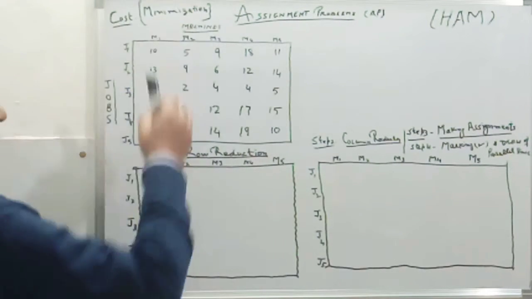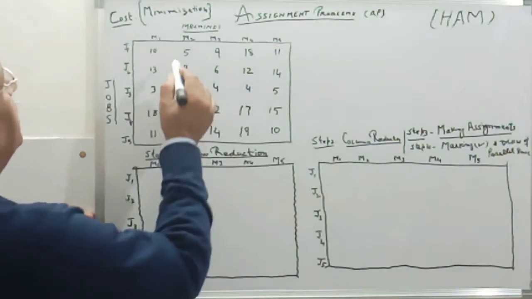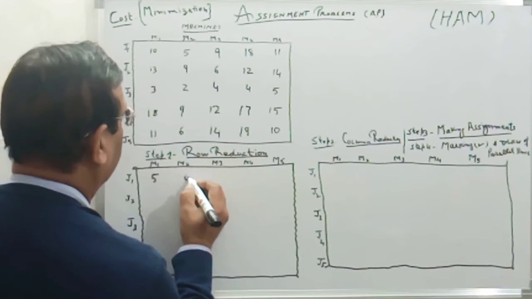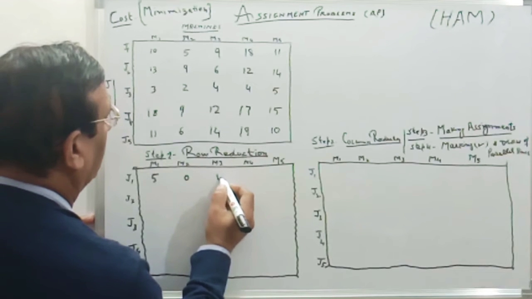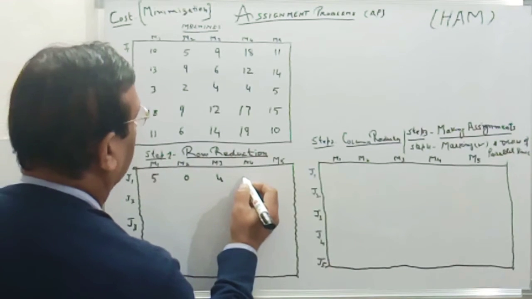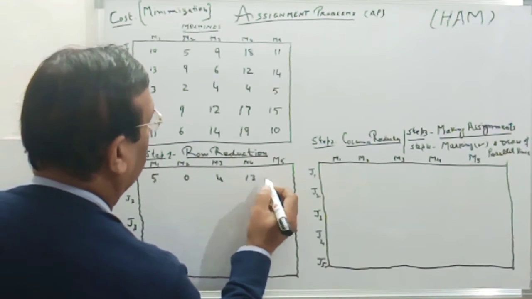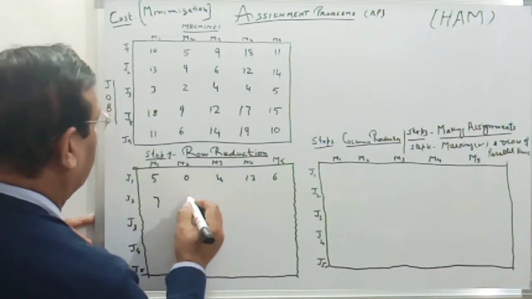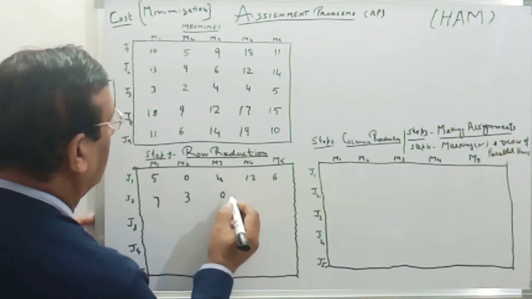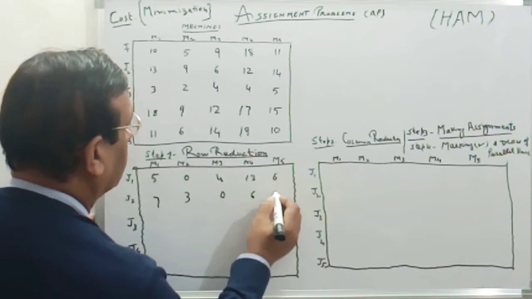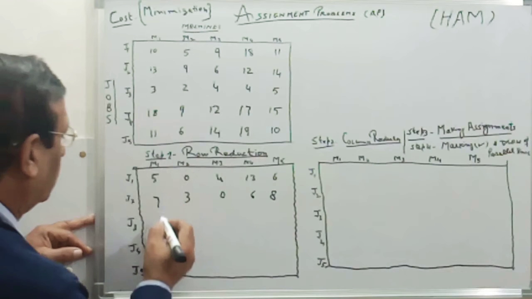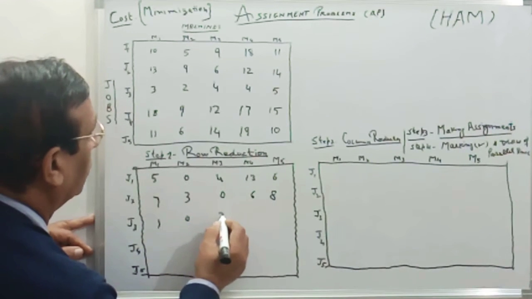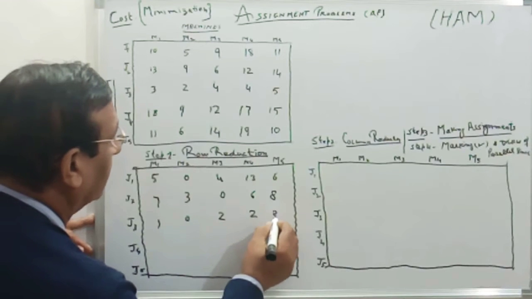So let's do this. So here the minimum is 5, we get 5, 0, 4, 13 and 6. Now here 6, 7, 3, 0, 6, 8. Here it is 2, 1, 0, 2, 2, 3.